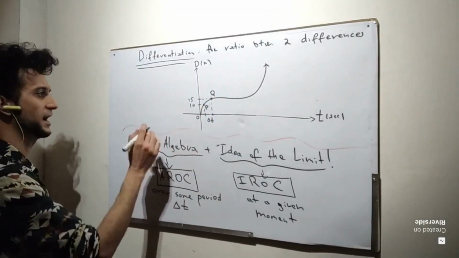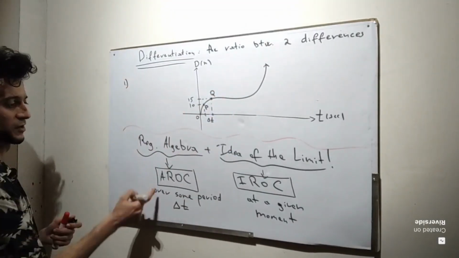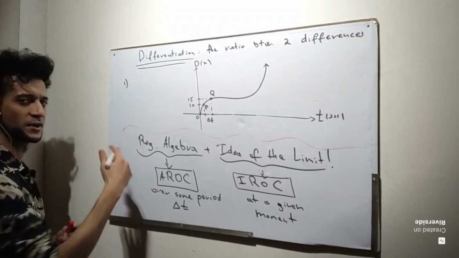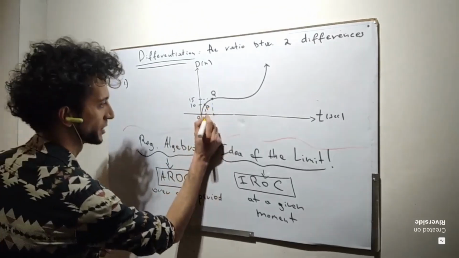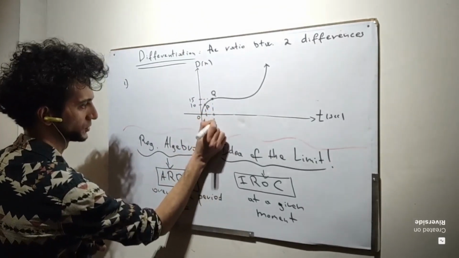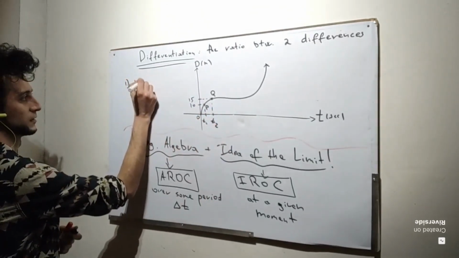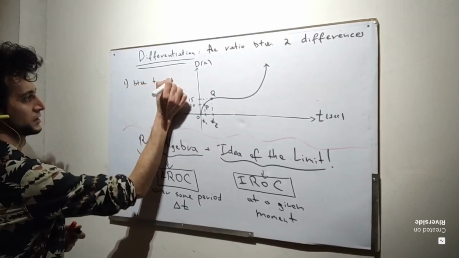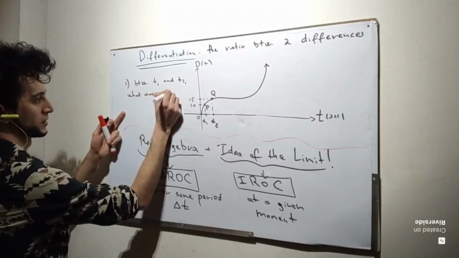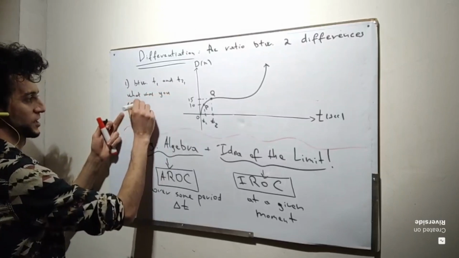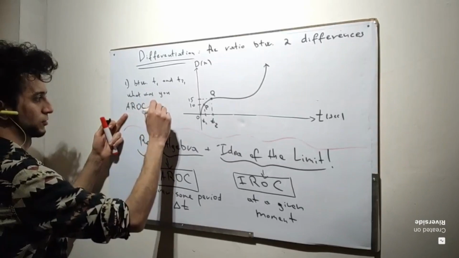Basically, the two questions that can be asked in math are this. First question would be the regular question: what was the average rate of change of your distance in time, on average, between, let's call this T1 and T2? What was your average rate of change of distance?